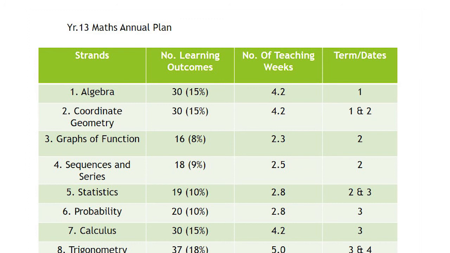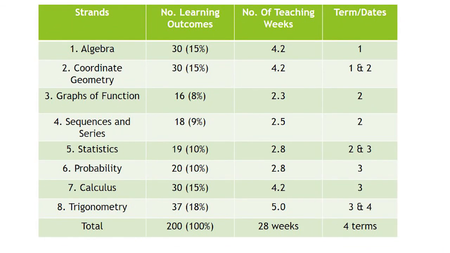Again, then your plan. Take the table and put your data in the table. For the first column, you list down the strands. The second column, you have the learning outcomes. You write down the learning outcomes of each strand and their weighting, and then the number of teaching weeks for each strand, and the terms or dates that you're going to teach those strands.